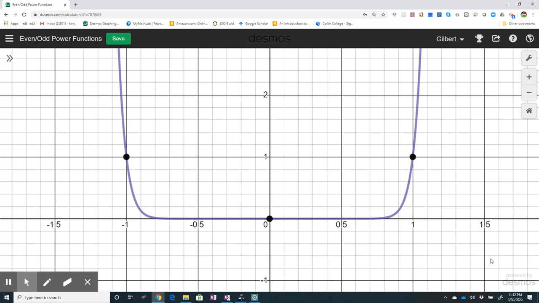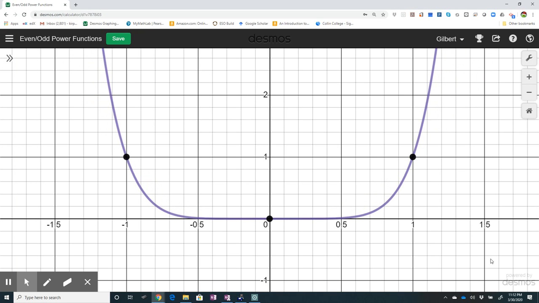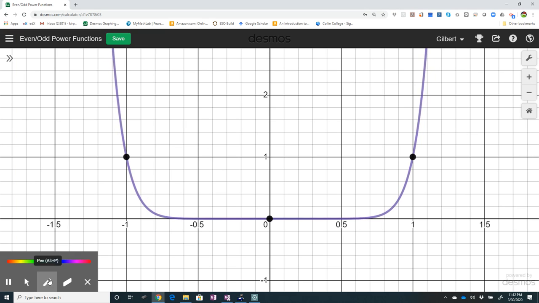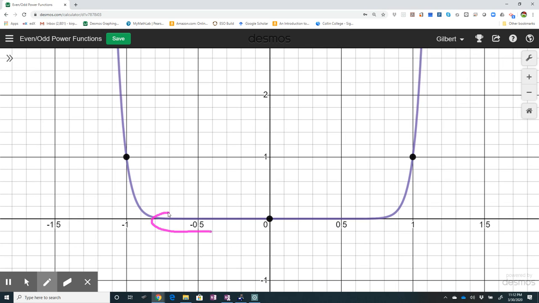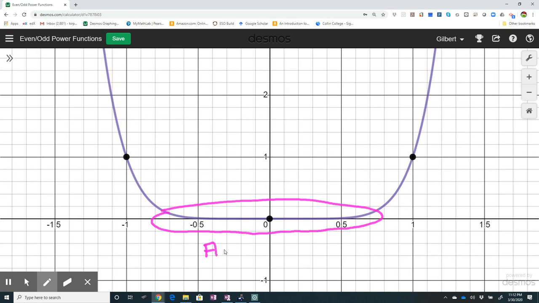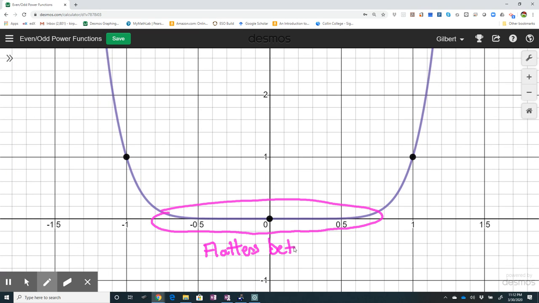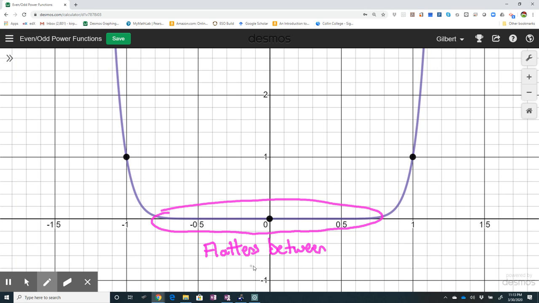Okay. So notice that as the exponent increases, the graph kind of flattens out. Now the exponent's decreasing back to x squared. As the exponent increases, notice that the graph kind of flattens out. So it flattens between -1 and 1.